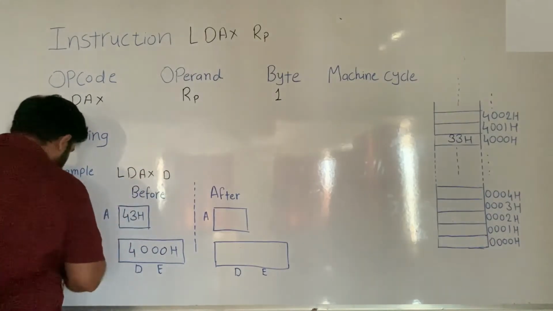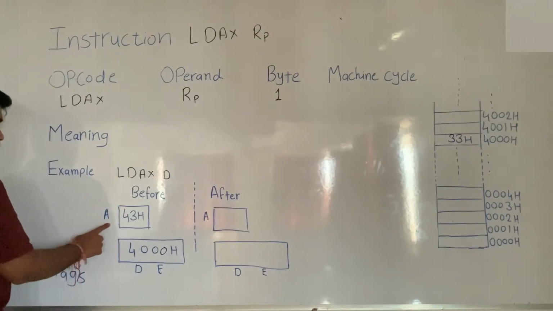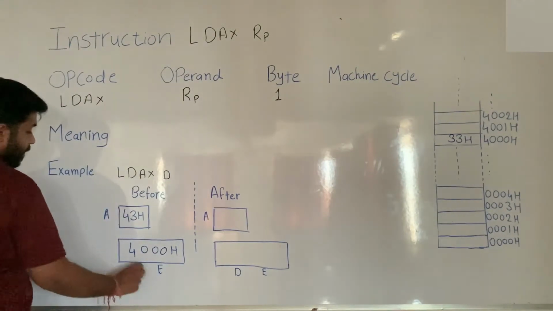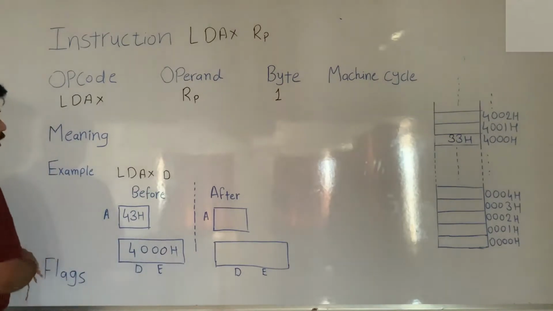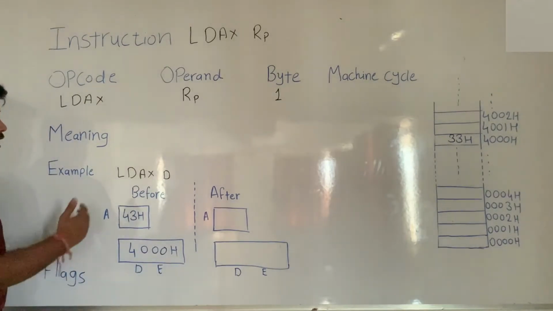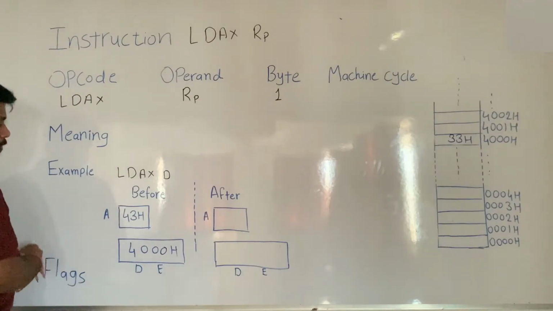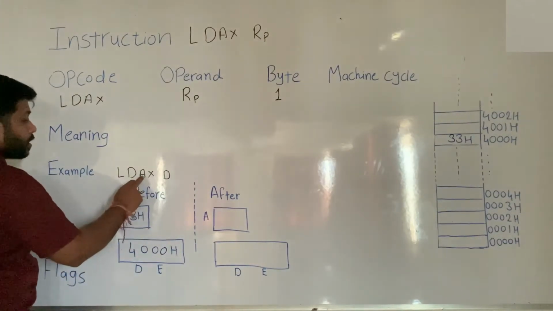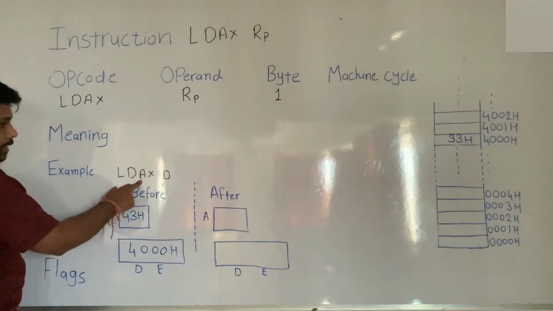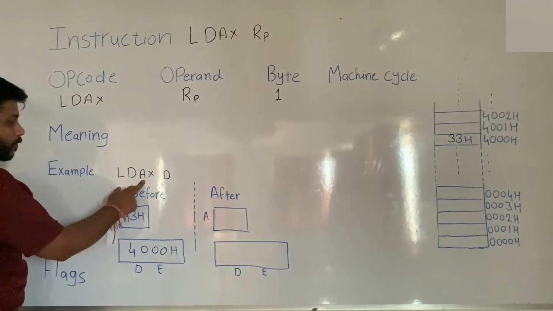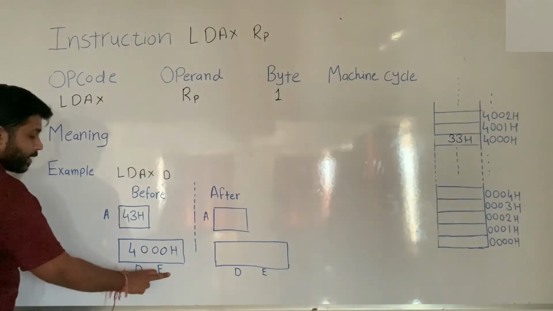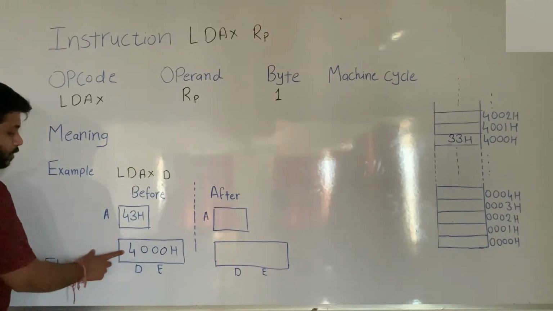Right now we are taking the example of LDAX D. You can see that before the execution, the accumulator contains 43H, and in the DE pair the value 4000H is present. After the execution, what will happen? When you execute this instruction, the accumulator will receive some data from the memory location specified in the DE pair. Which memory location is specified in the DE pair? 4000H.